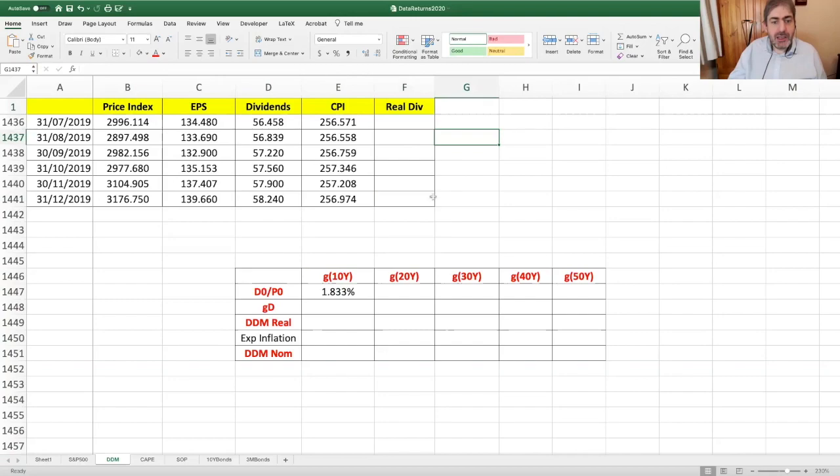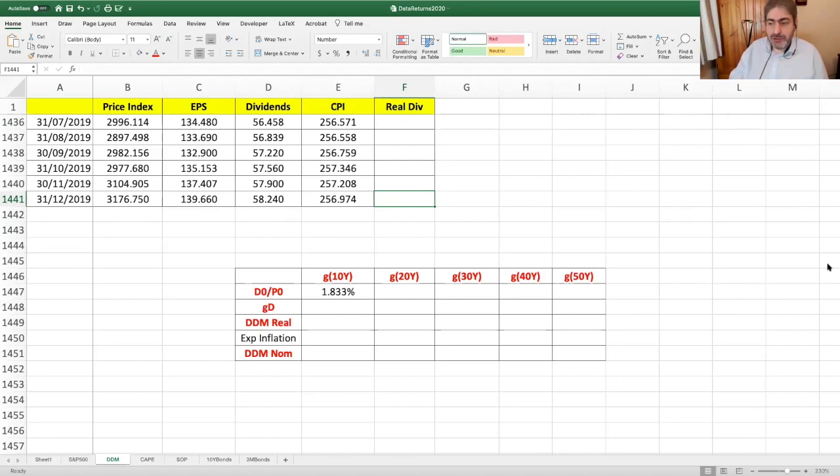Okay. And basically, for the value of dividends, we need to bring all the dividends in today's dollars. Actually, we don't really care about whether it's today's dollars or 1900 or 1950 dollars. But basically, we want the dividends at every single point in time to be expressed in the same currency value. So normally what you do is express it in today's dollars.